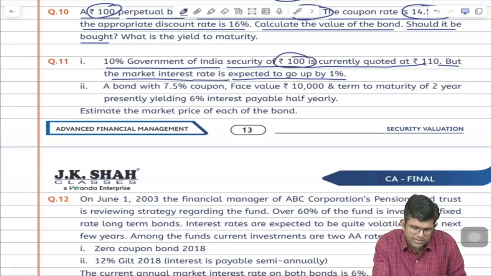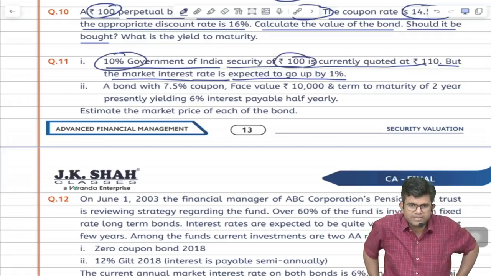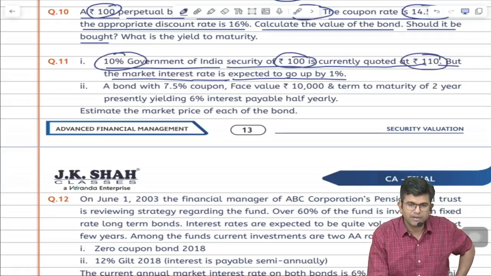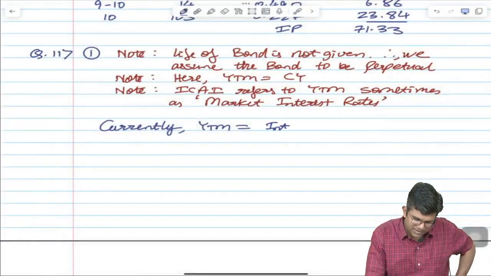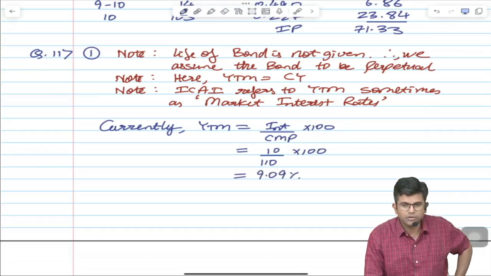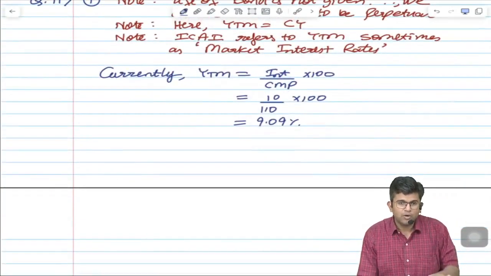Can I say the interest is 10% of 100, which is equal to rupees 10, and the current market price is 110? So this will be 10 upon 110 into 100, which is equal to 9.09%. Everyone clear?